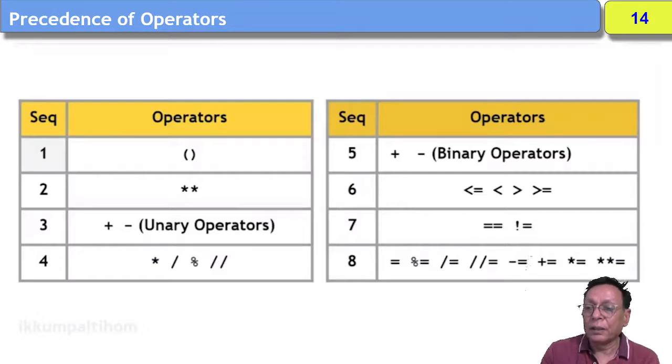We'll be using exponential equal. So this is the precedence table, and if you remember this, the expression will not give you the wrong answer, and if you forget any of these steps, you will definitely not get the correct output.